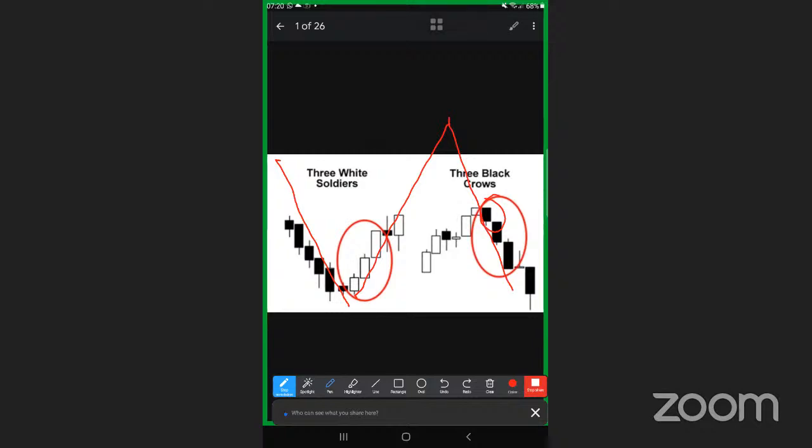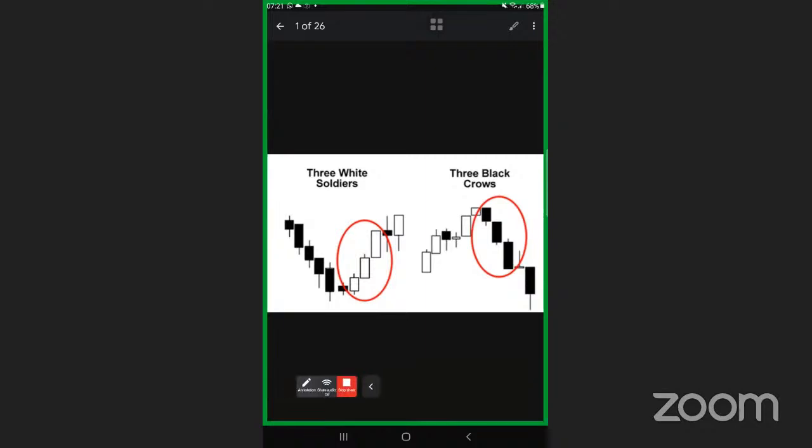So when you find the three black crows and the three white soldiers, you should understand the definition of the market. What is most likely to happen in the market? So those are the three black crows, which are a bearish version of the three white soldiers.